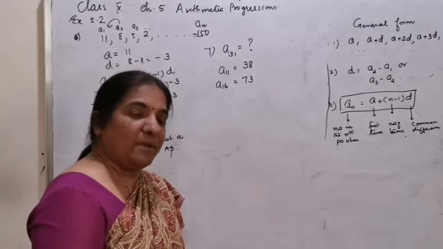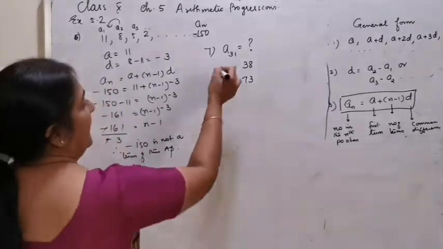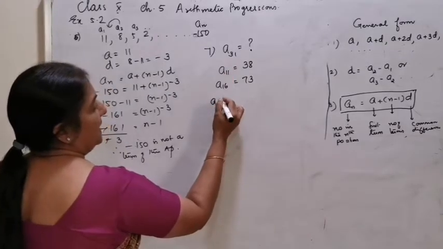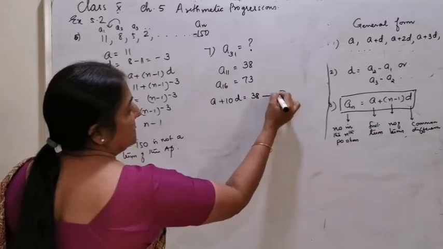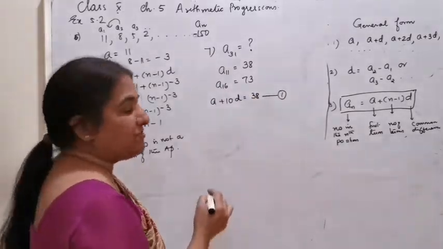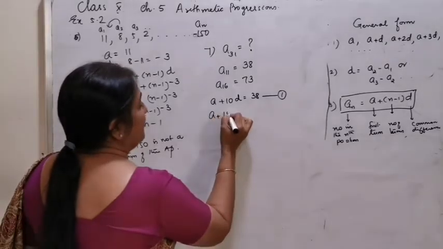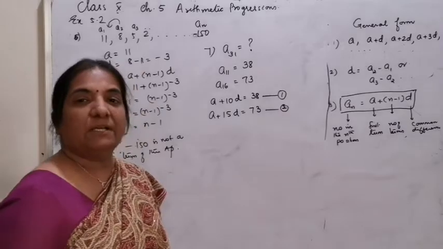We will form two equations and get the values of A and D. A11 is equal to 38 means A plus 10D is equal to 38, equation number 1. A16 is equal to 73 means A plus 15D is equal to 73, equation number 2.